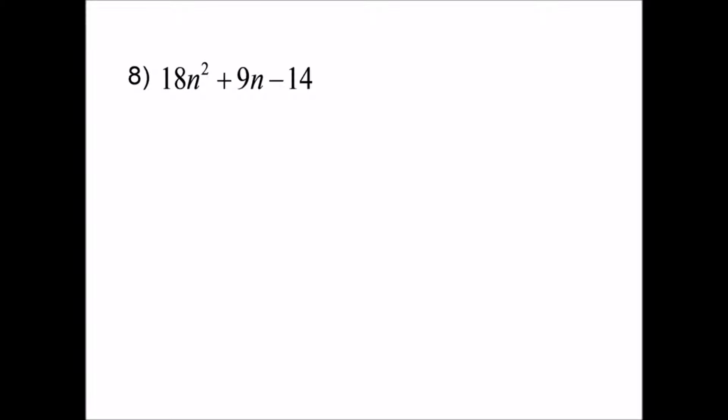All right, this one's going to take a while to find my magic numbers. 18 times negative 14 is negative 252. I'm looking for factors of negative 252 whose sum is positive 9.